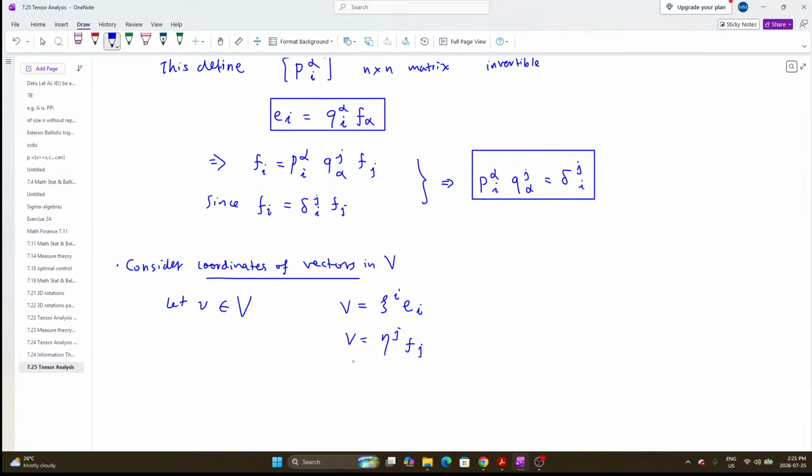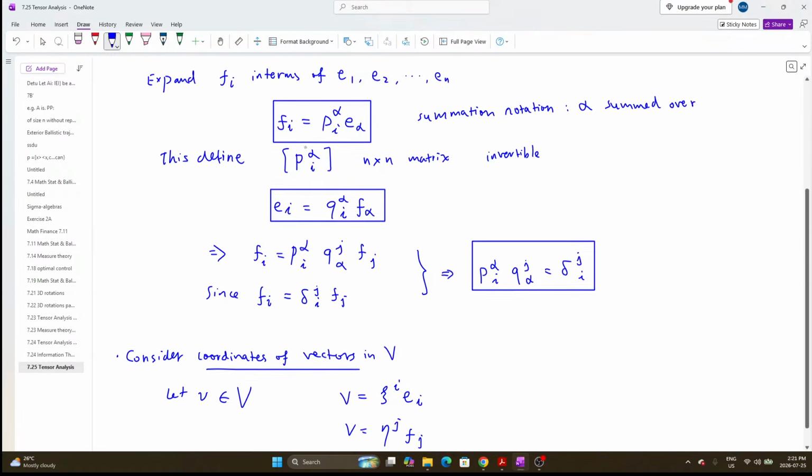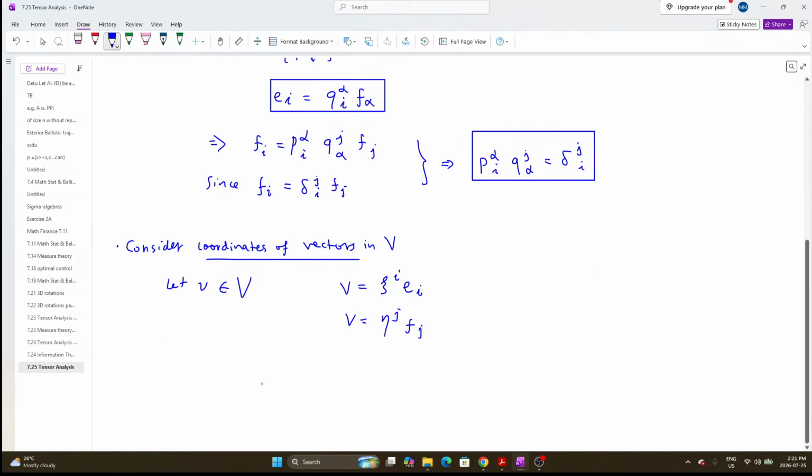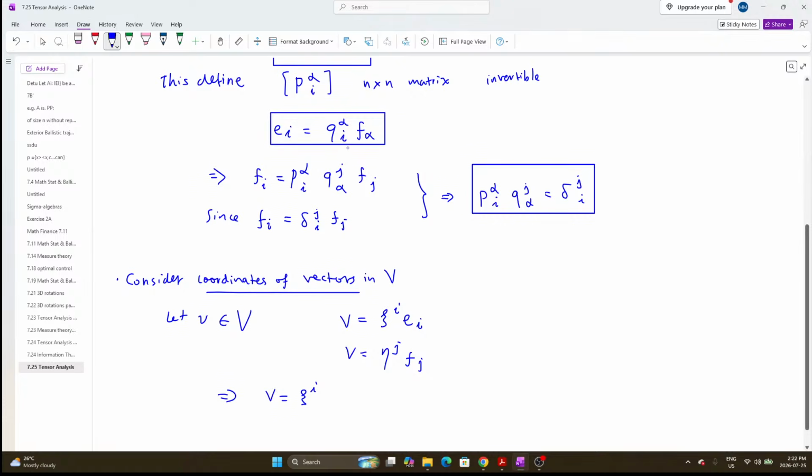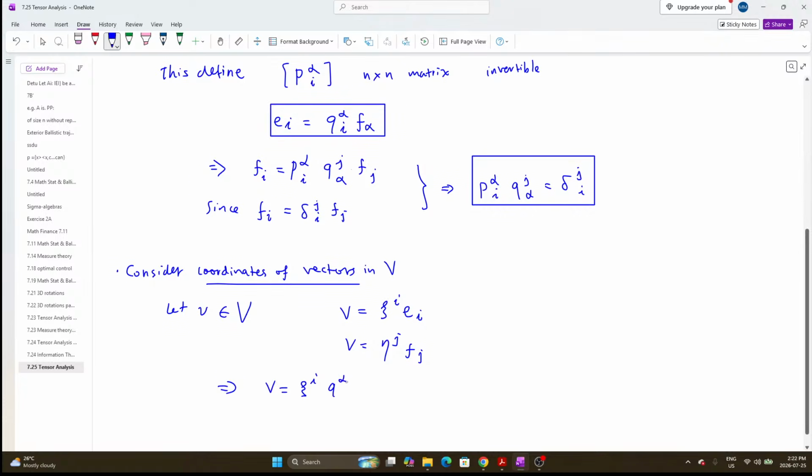You can consider using the expression for the basis vector. Let's see how that's done. The first equation says v equals xi I EI. Well, what's EI? EI is just Q alpha I F alpha. Compare this with the last equation, where you can change the summation index j to alpha, because that's the dummy index.